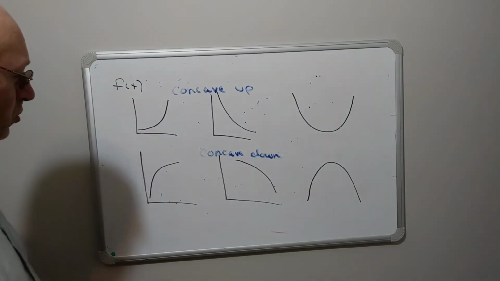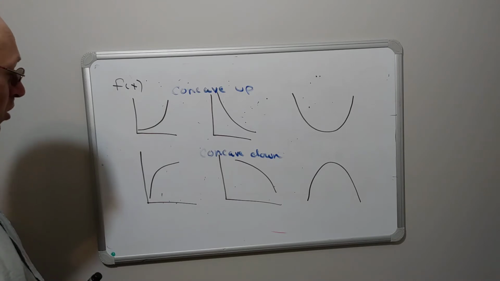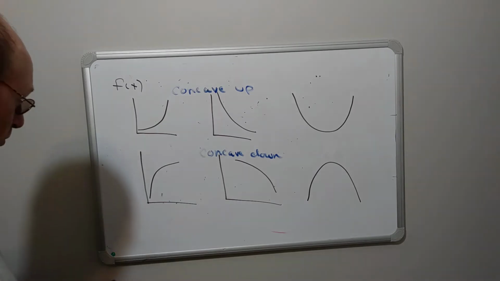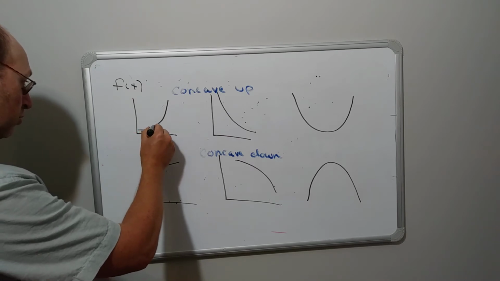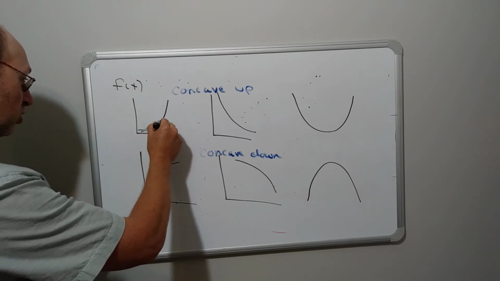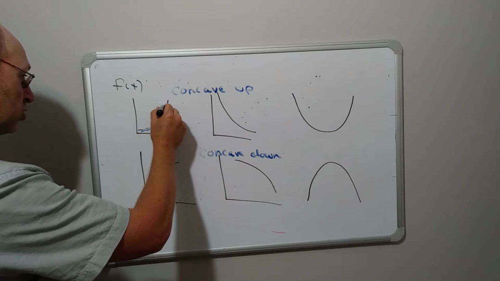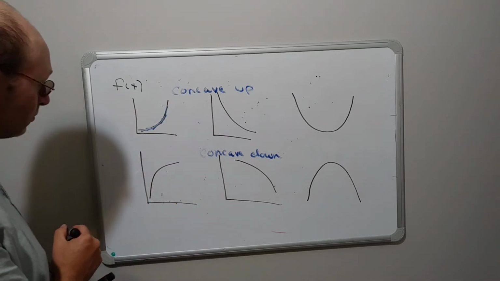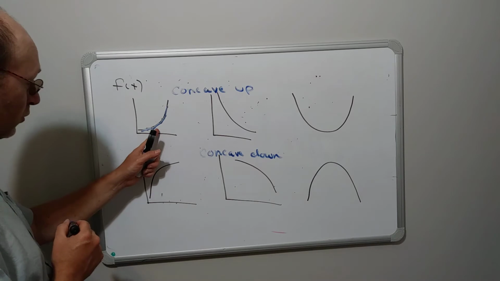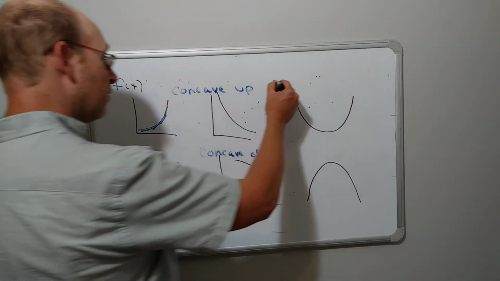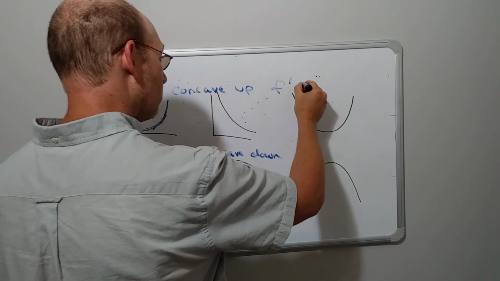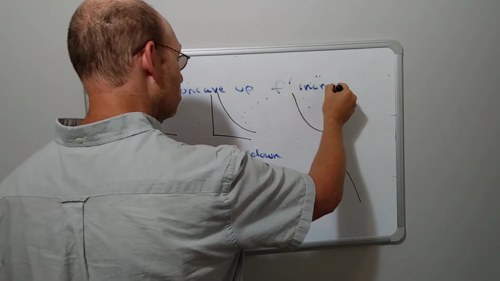Now, what makes you concave up or concave down? Well, look at the derivative. The derivative is the slope of the tangent line. See how the line is getting steeper and steeper? The derivative is increasing. So when you're concave up, f prime increases.